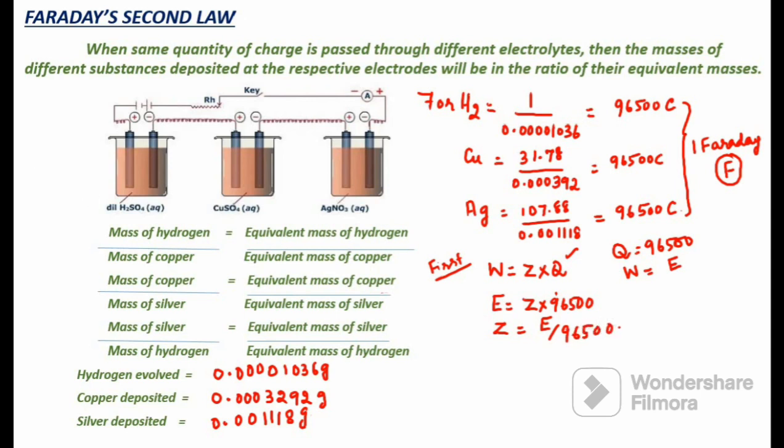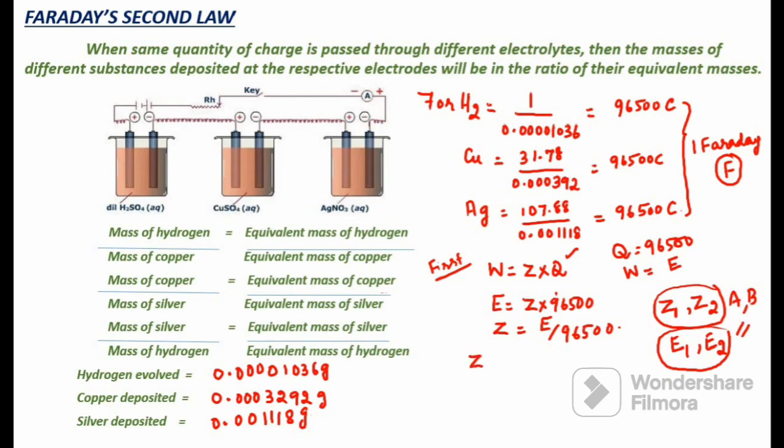Okay. So now let us consider that Z1 and Z2 are the electrochemical equivalents of two substances A and B, and E1 and E2 are the gram equivalent masses of the same substances respectively.